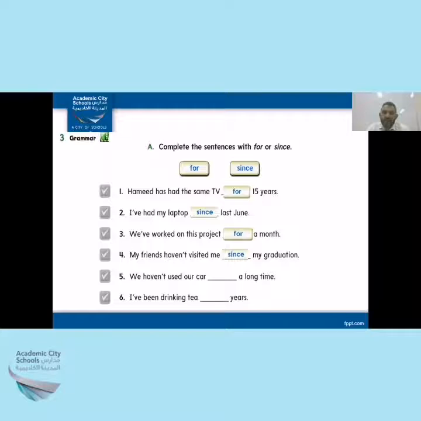Here we have a long time after the space. A long time is a period of time. So we use for. Number 6. I've been drinking tea, space, years. Also a period of time, so we use for.